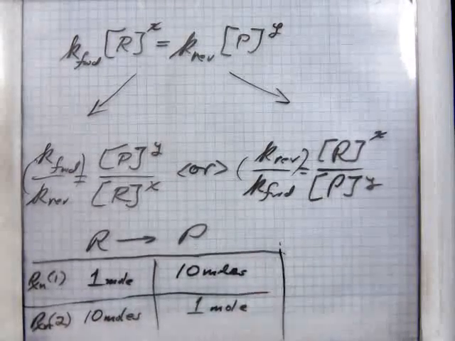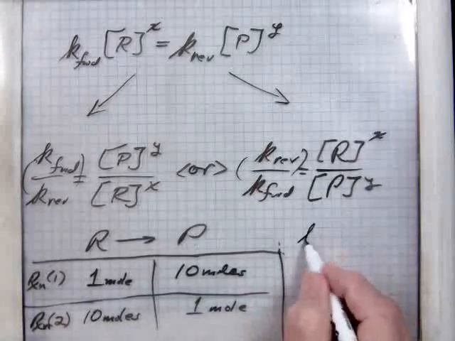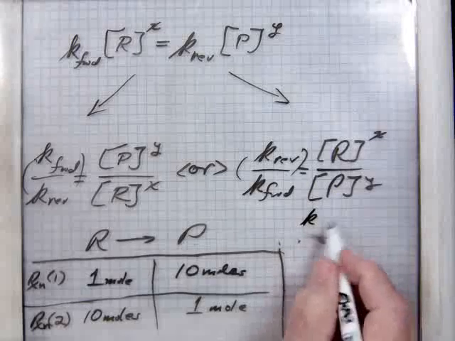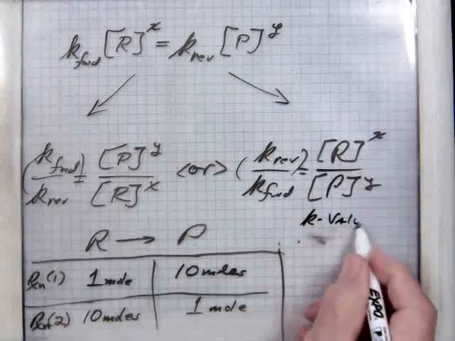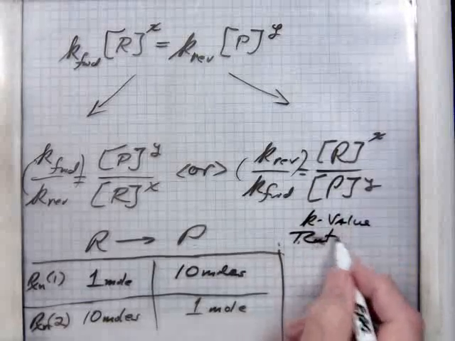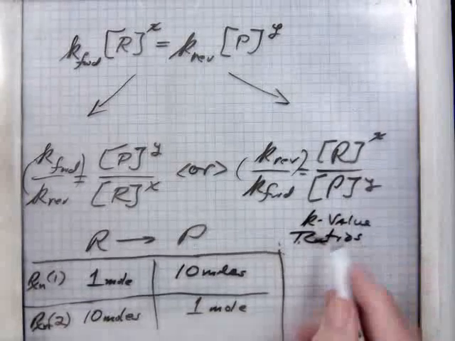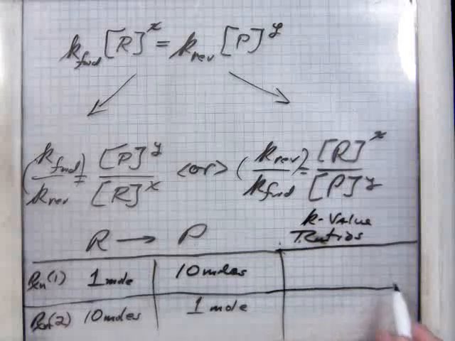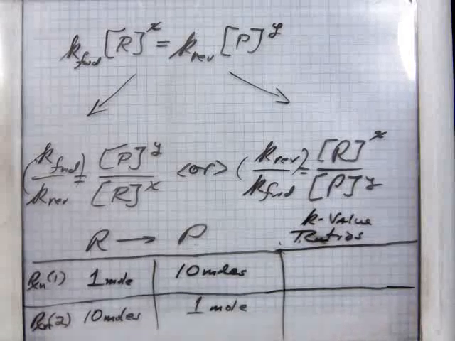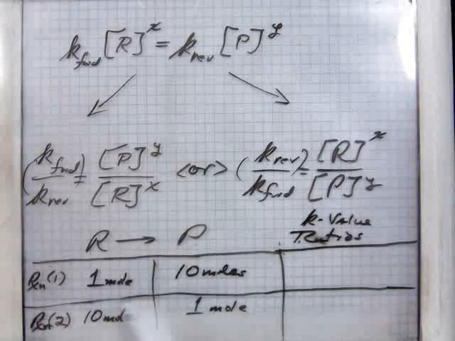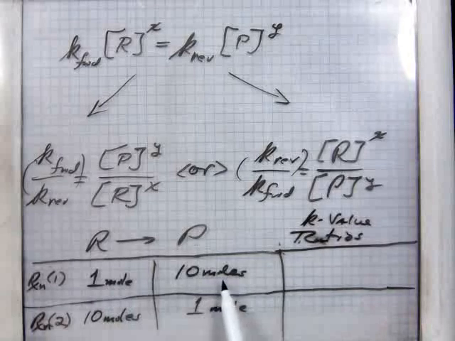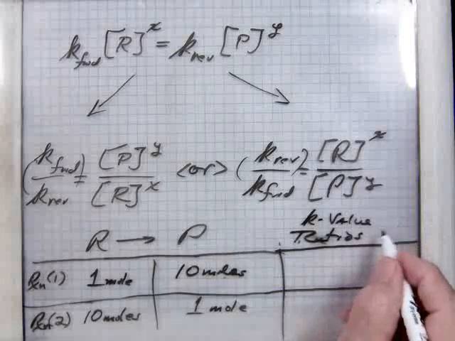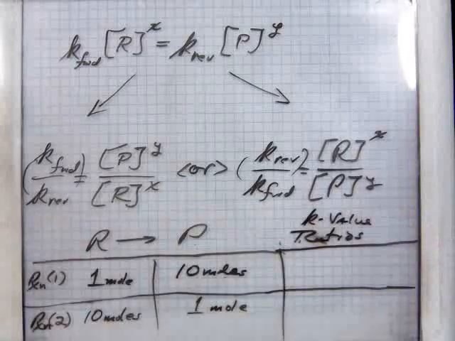Well, how do the K value ratios respond in this? Okay. So if we have a large amount of product, and let's assume a first order reaction, X and Y are 1.